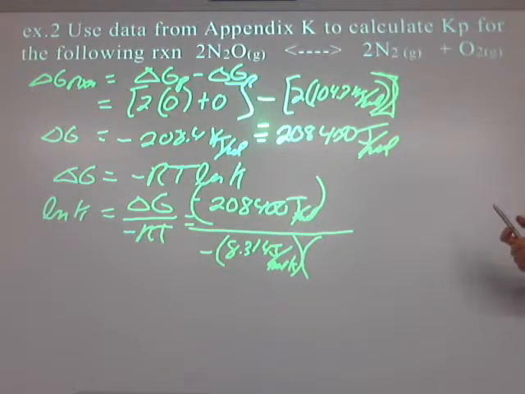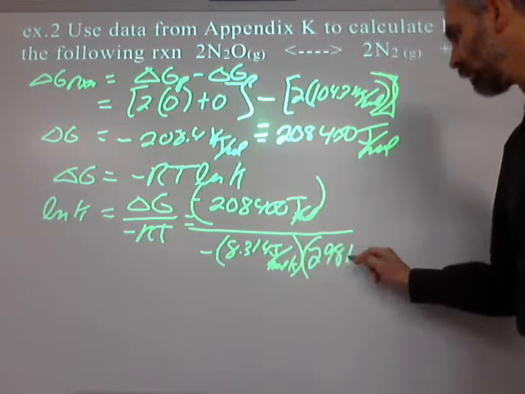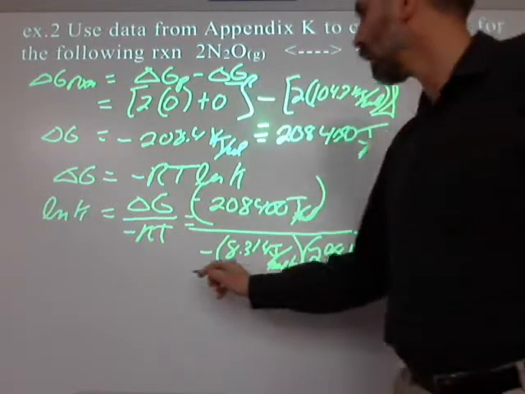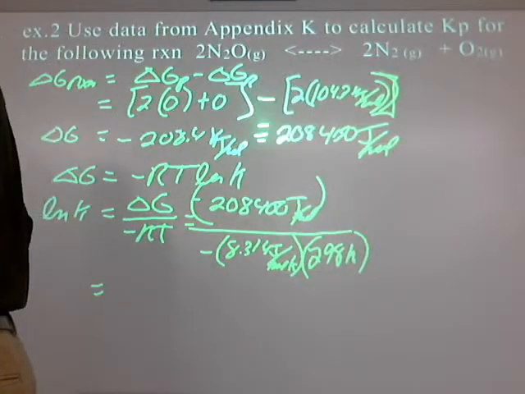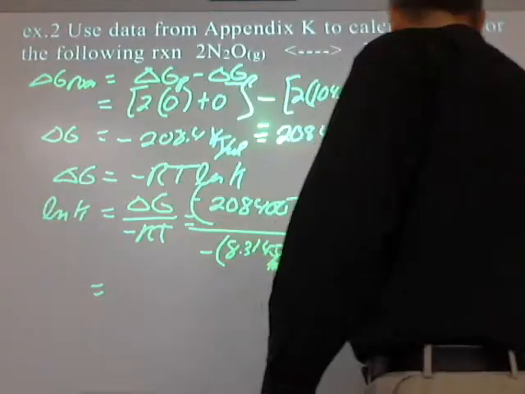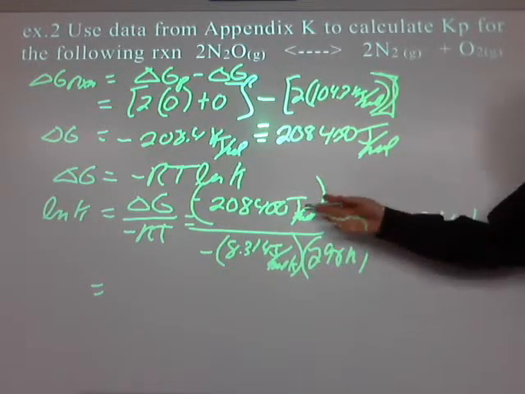If I'm using appendix K values, what must the temperature be? 298 Kelvin. And therefore, you get 84.1 up here. So this I do want you to do. I think everybody can do that much math.